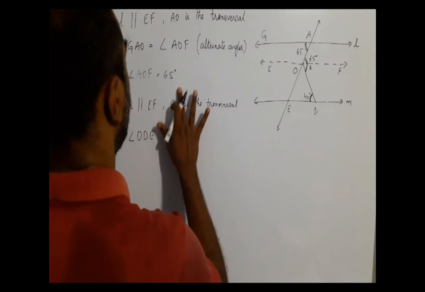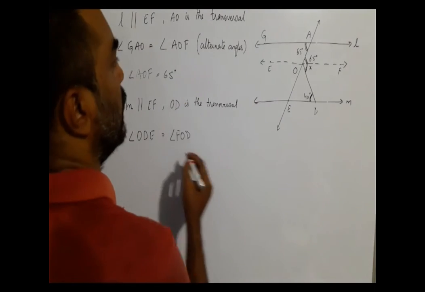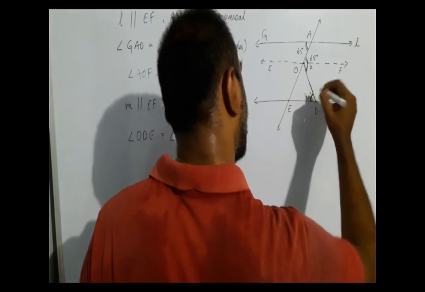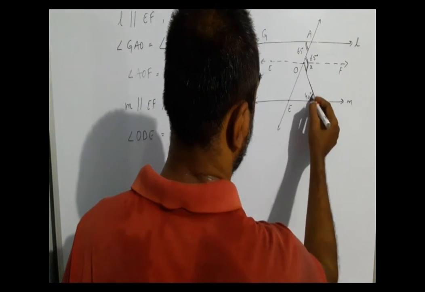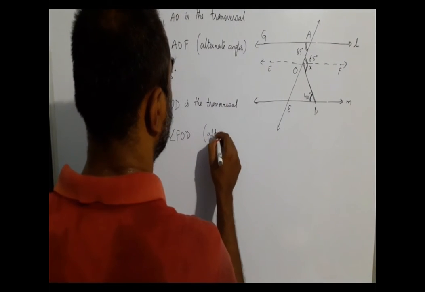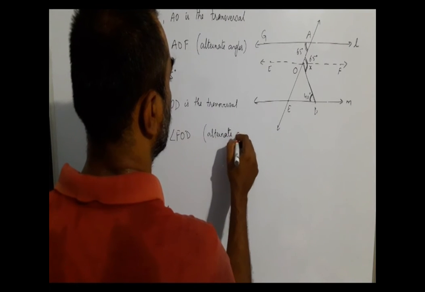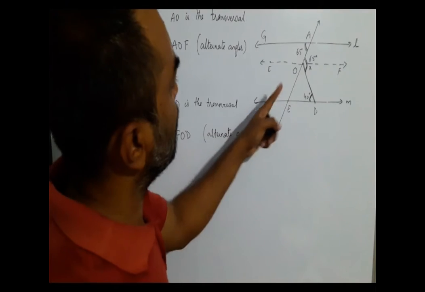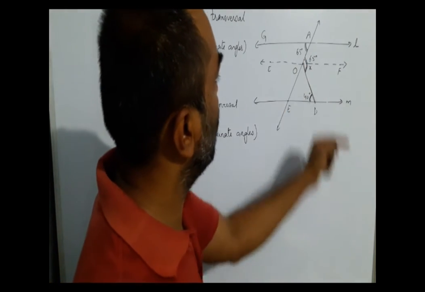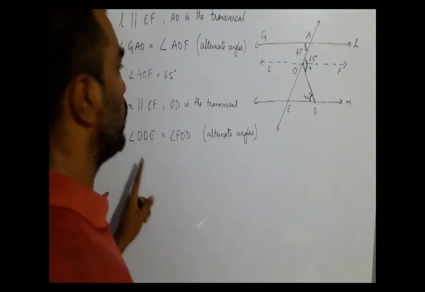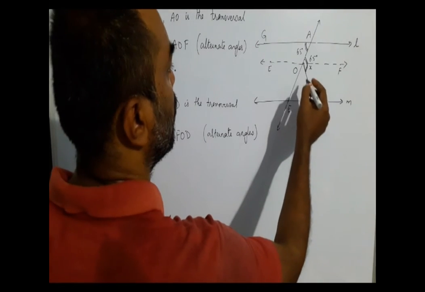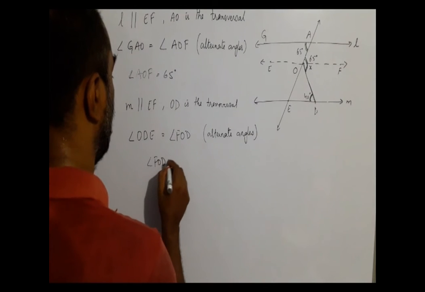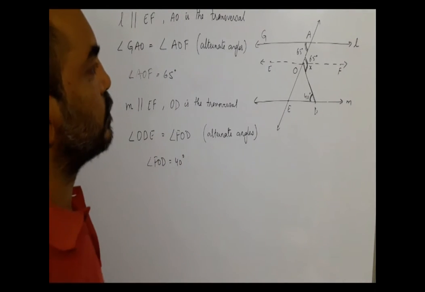My transversal should be OD this time. So this angle and this angle are alternate angles and hence they are equal. I am very sorry I made a mistake. We are not taking OA this time; we are taking OD as a transversal of the lines EF and M. Now ODE is 40, so angle FOD equals 40 degrees.